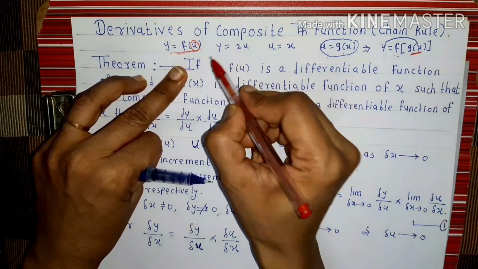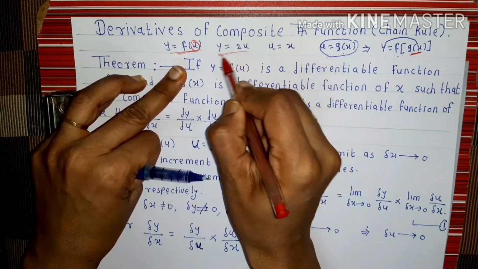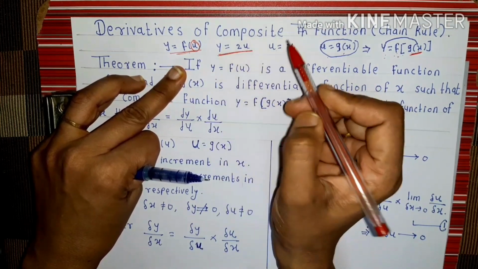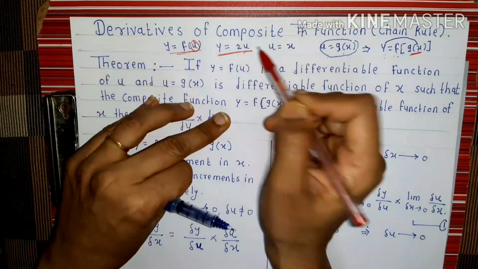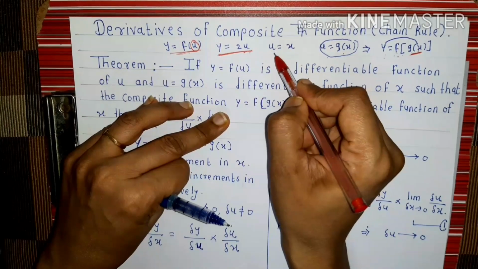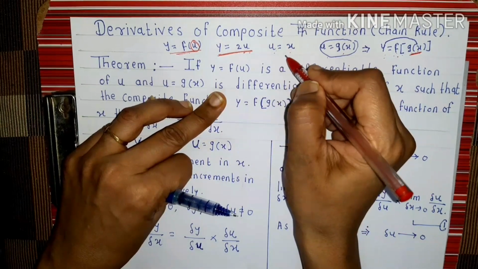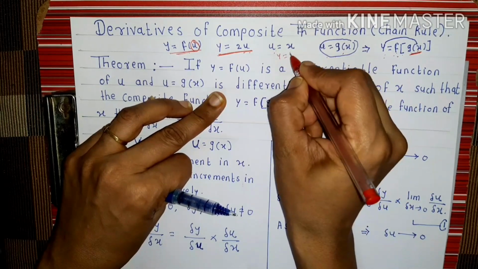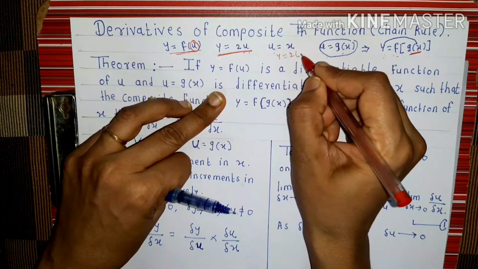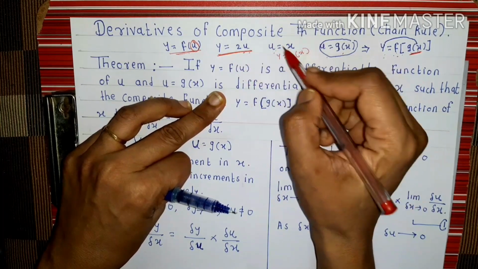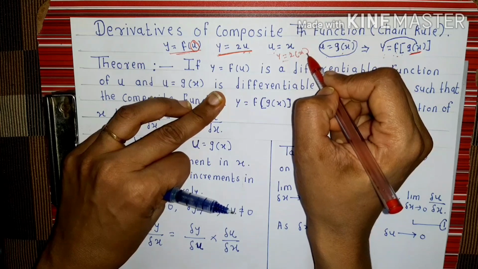Let us see an example. Suppose y equal to 2u, and if we put u equal to x, then y equal to 2 into x, hence y is a function of x.